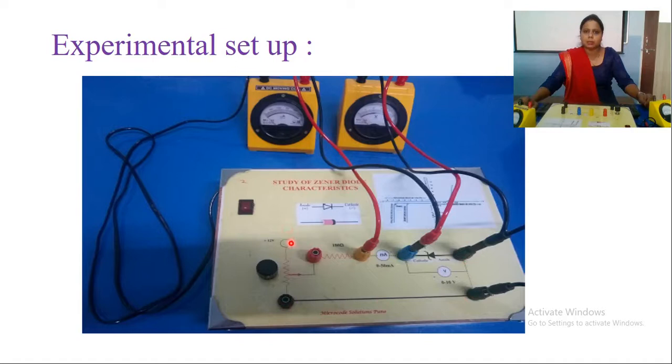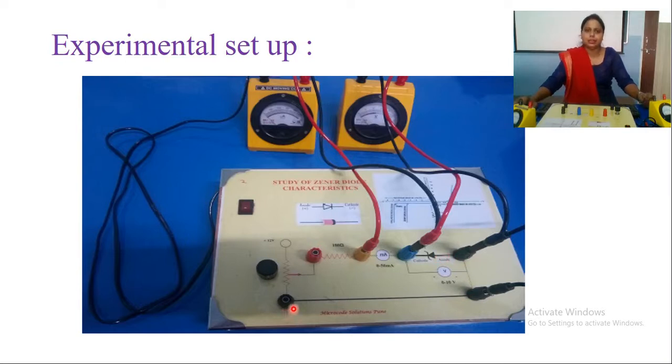Now see, here it is battery positive and it is battery negative. So this positive is going in this way to the negative terminal of Zener diode, and this is the positive terminal. You can see this is the negative terminal of battery. This negative terminal of battery is going in this way to the positive terminal of Zener diode. So this is the way here.